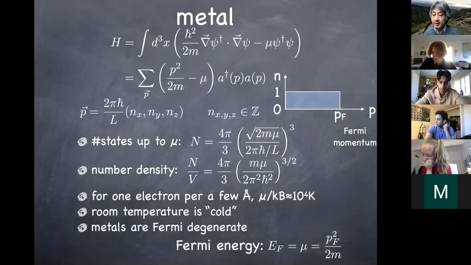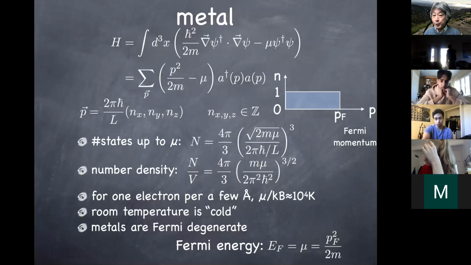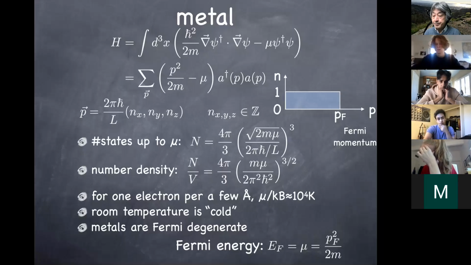Yeah, I guess I was just wondering, is this referring to the free electrons or the bound states too? So here I'm talking about free electrons because that's already a pretty good approximation for simple systems. When you have more complicated things like solids and semiconductors, you talk about bands. So the energy of a single electron is no longer p squared over 2m, but a more complicated function of the momentum.